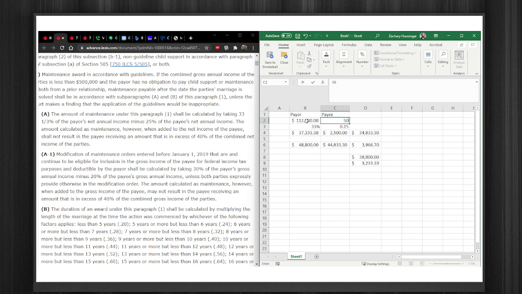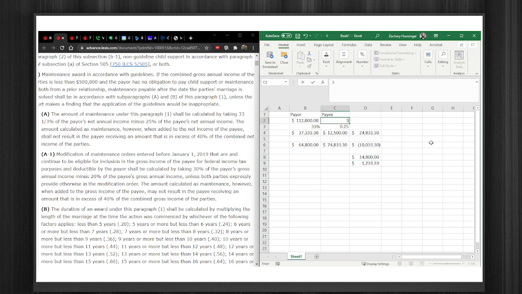So let's say it's more like $112 and $50,000. So again, that addition is going to push the payee over the 40% by $10,000. So you've got to subtract that to bring it down to 14,000. So that's how much the payee's income was.